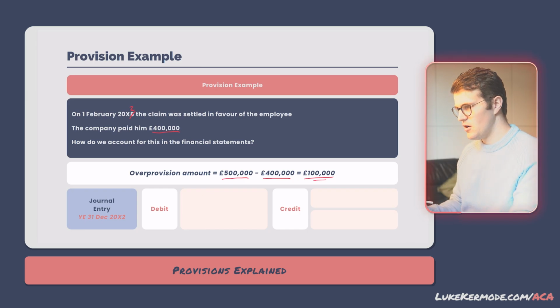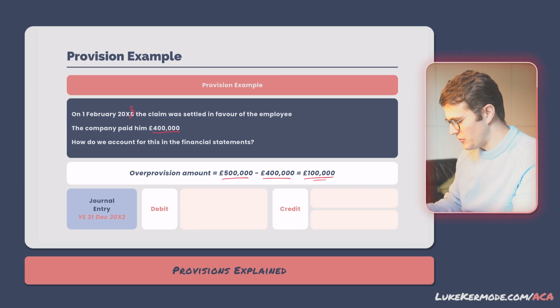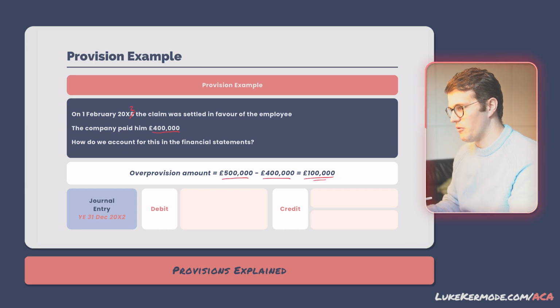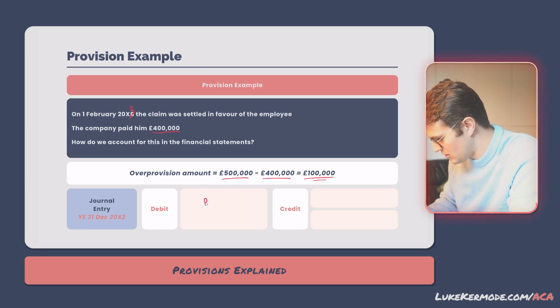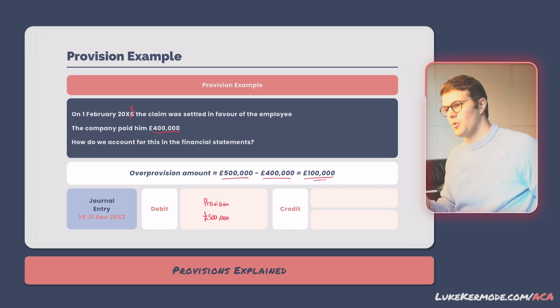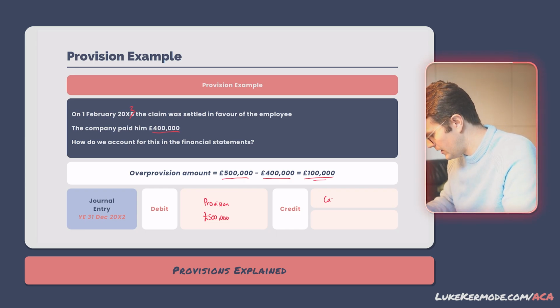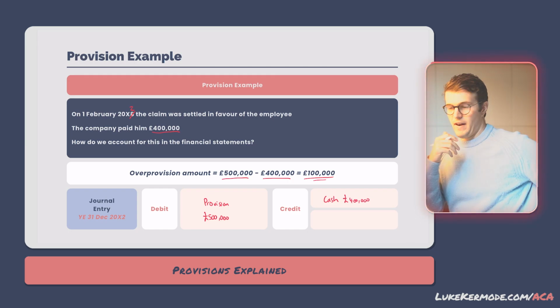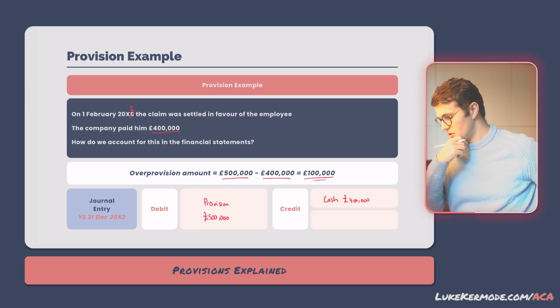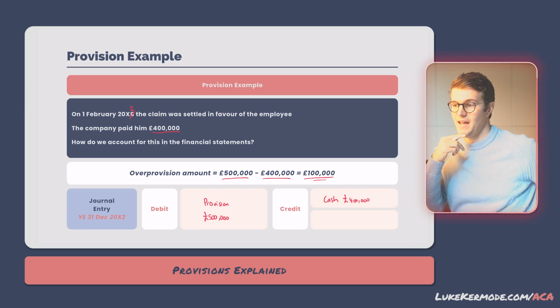Well, we first need to remove the entire £500,000 provision from the balance sheet by debiting the provision account. We credit the cash account by £400,000 to reflect the actual payout that the company's made to the employee during the year ended 20x2.